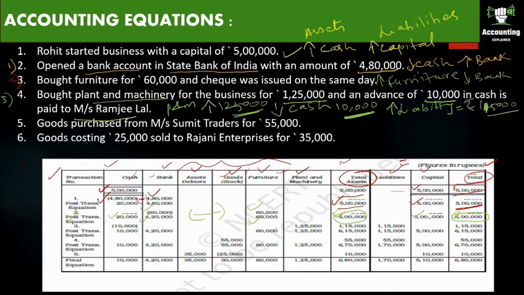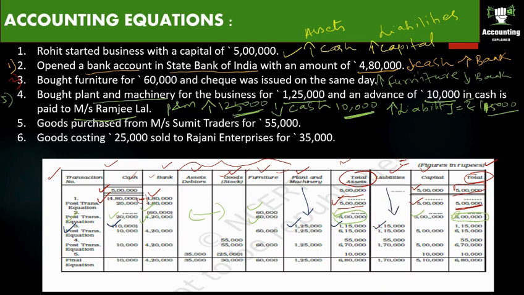So let us see how this happens. See transaction 3. This is your third transaction. First, minus 10,000 rupees you have paid as advance and your plant and machinery has increased by 1,25,000. Net effect is 1,15,000. Here your liability has increased by 1,15,000.